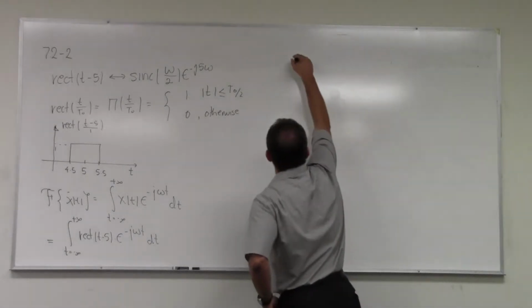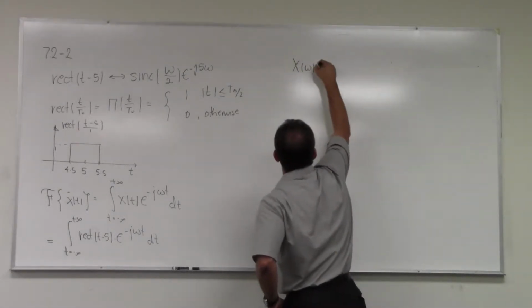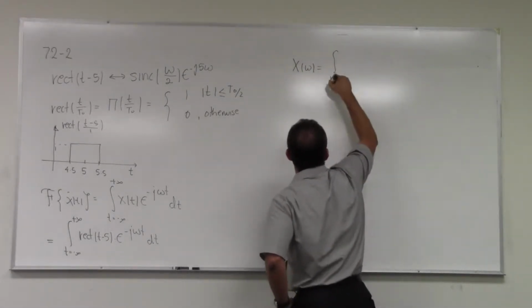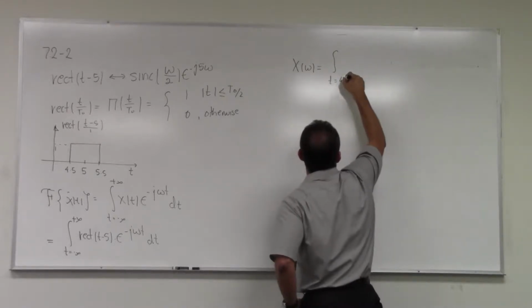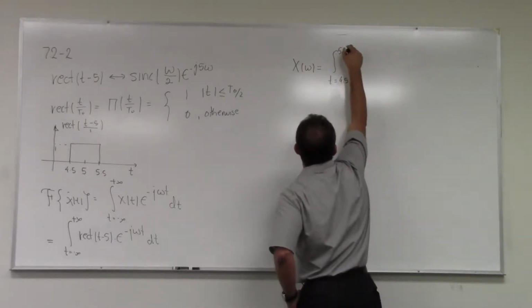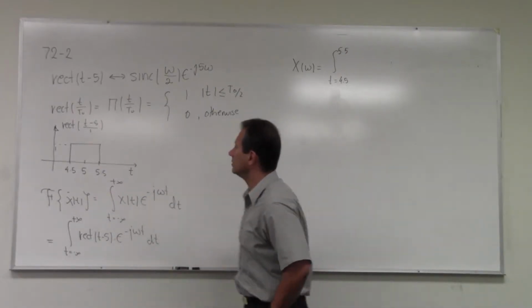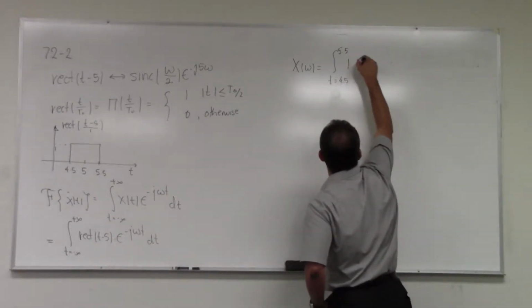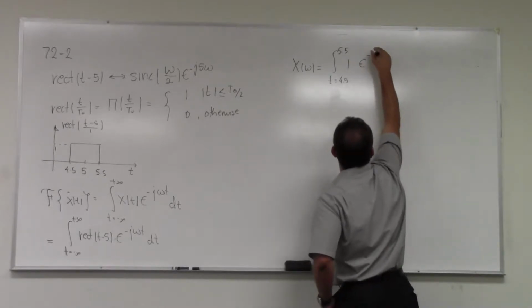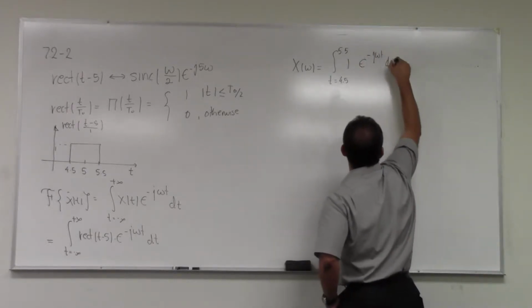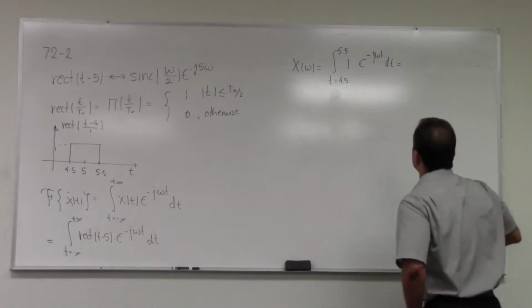So I have X of omega, which is this Fourier transform, as the integral when t goes from 4.5 to 5.5, and in this interval the pulse itself is equal to 1. So it is 1 times e to the minus j omega t dt, which I can easily integrate.